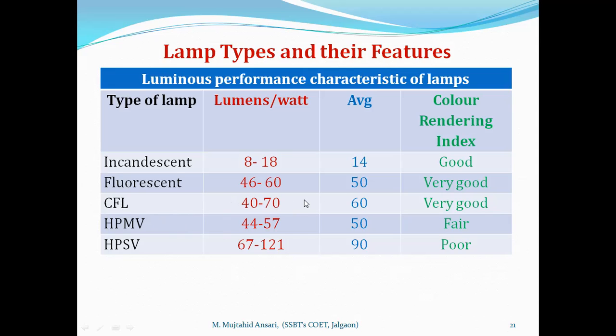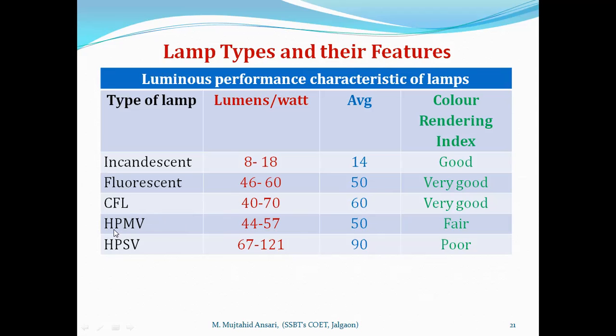Similarly for CFL, we found there is not much difference between the CFL and the fluorescent lamp. We have already discussed that the technology of CFL and fluorescent lamp is the same. Only the CFL is compact in size with a slight upgradation in the luminous output. So the luminous efficacy is nearly the same, 50 for the fluorescent and 61 for the CFL.